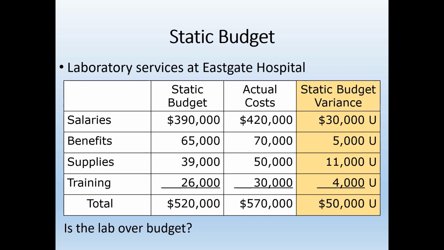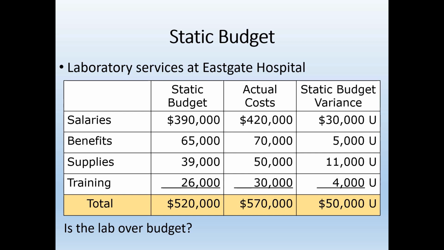Altogether, when we compare actual costs to static budget amounts, the laboratory is $50,000 over budget. And we can confirm that by comparing the static budget total to the actual cost total, $50,000 unfavorable.